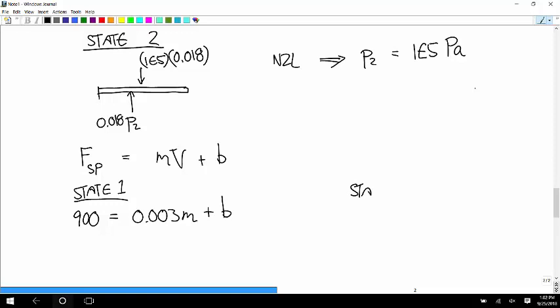And at state 2, we have that 0 is equal to 0.002 m plus b.